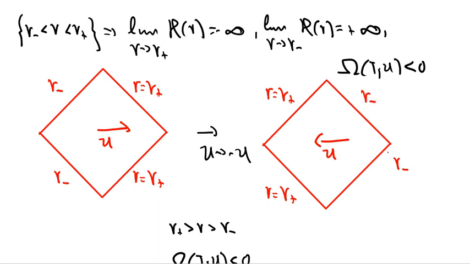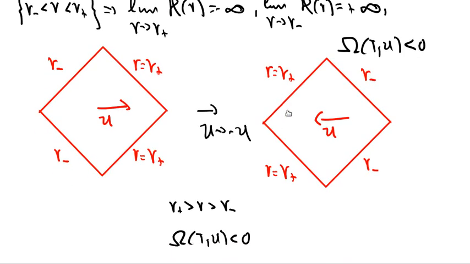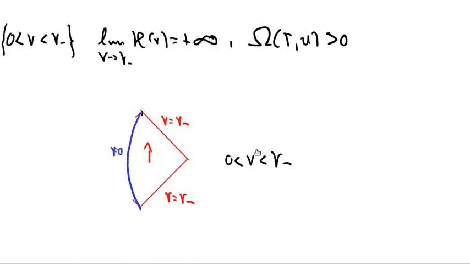So we get this additional diagram. Maybe for clarity I should add the label here.